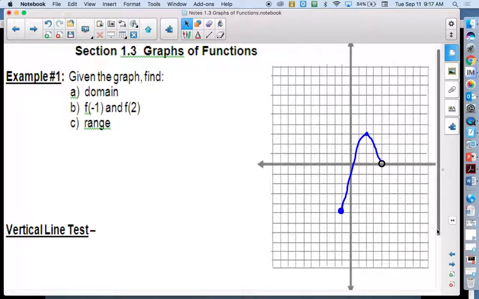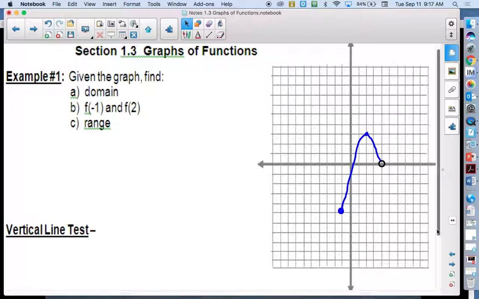So section 1-2 was working with evaluating the function based off the equation, determining if it was a function based off of the equation, finding the domain of the function based off the equation. So Friday and yesterday, all dealing with the equation. Today we're going to look at the graphs of those equations, finding the same things, but now trying to use the graph. So instead of having an equation, what does the picture tell us?